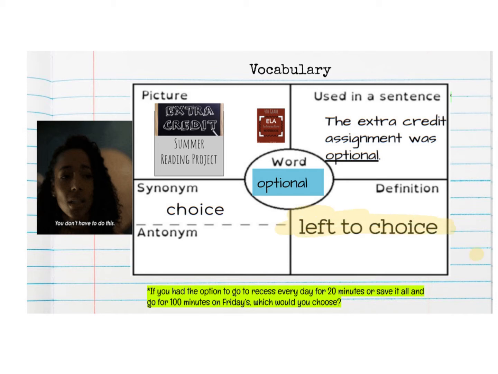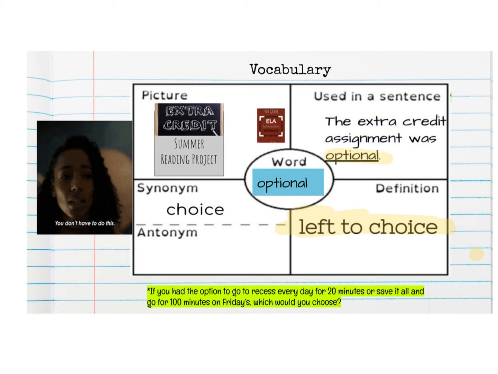So first I have the word optional, and now I have the definition, left to choice. I can also use this word optional in a sentence. The extra credit assignment was optional or left to the choice of the student.